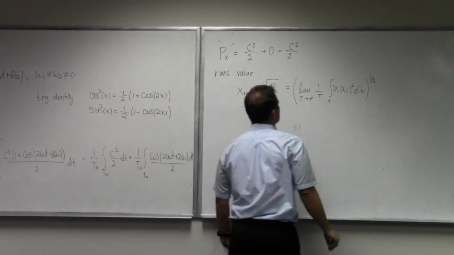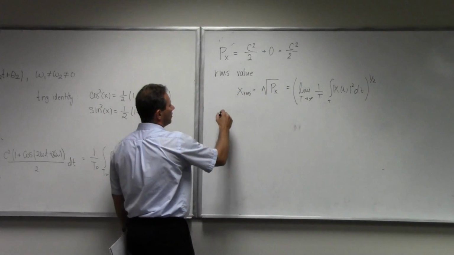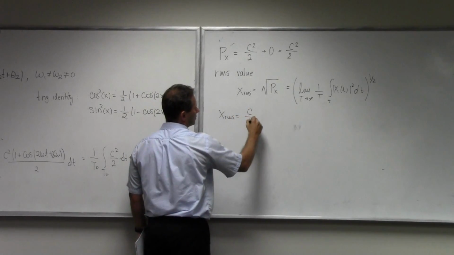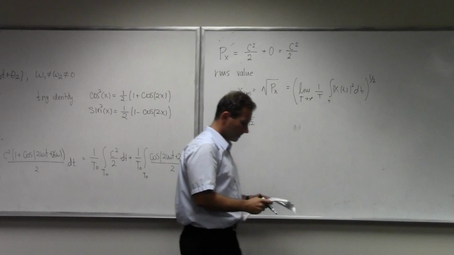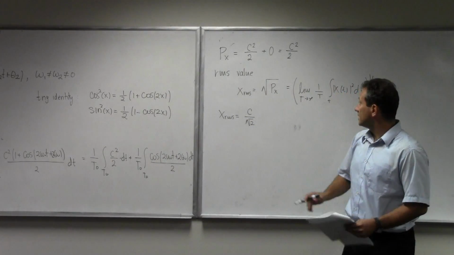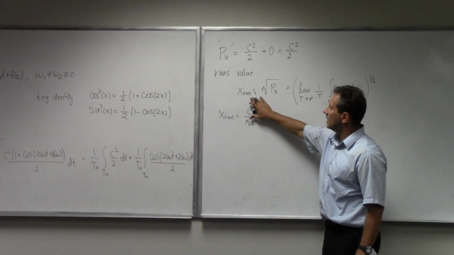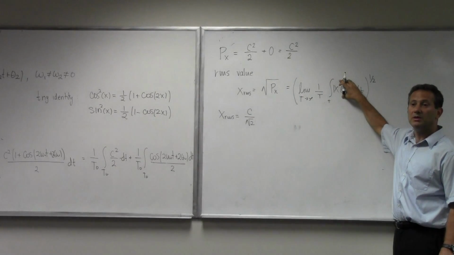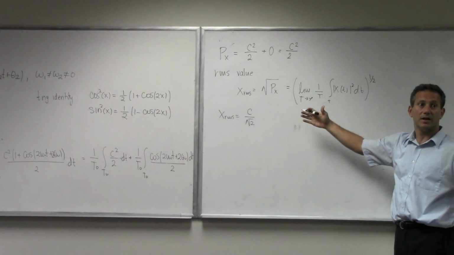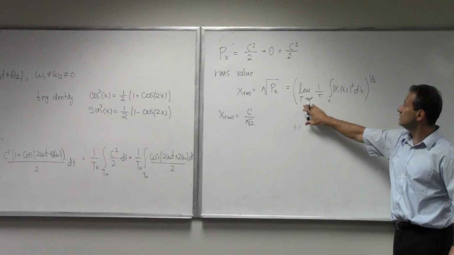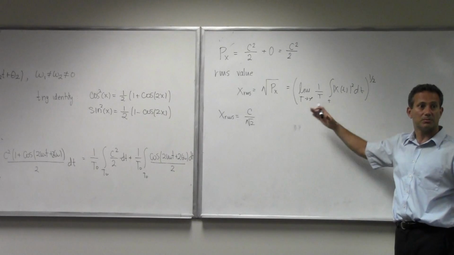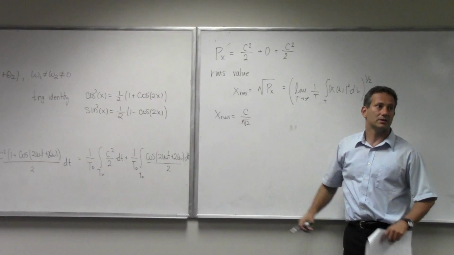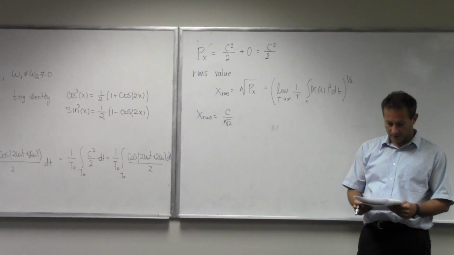For the sinusoid, x RMS is c over square root of 2. RMS stands for root of the mean square. I take the quantity, square it, and find its mean value, meaning I average over time, through this integral, and then I take the root of that. That's the explanation for the acronym.